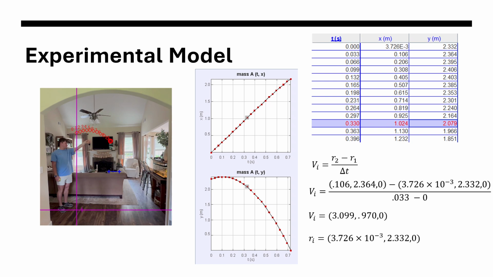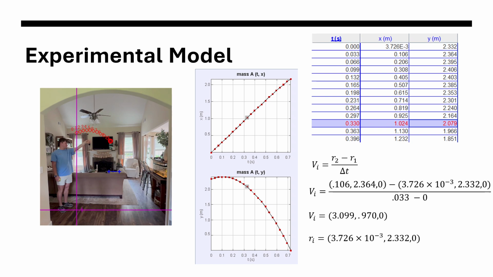With the first two inputs, we can create the initial values. Initial velocity is given by the formula: initial velocity equals r2, position 2 minus position 1, over delta t. After plugging in the first two positions and times, we end with an initial velocity of 3.099, 0.970, 0.